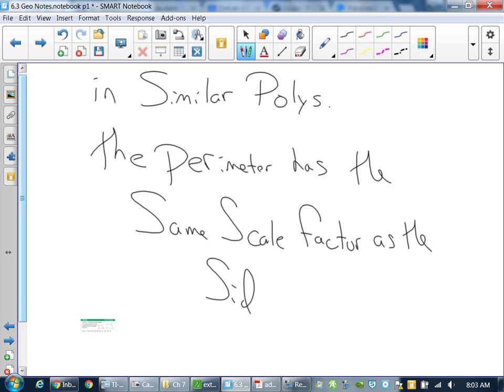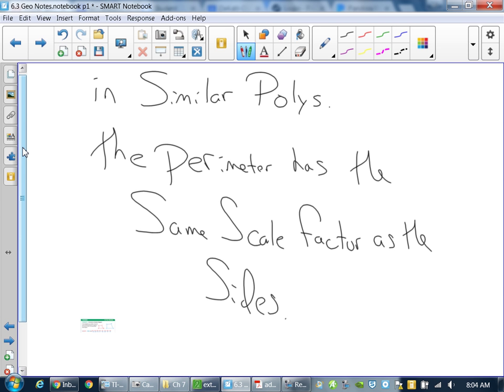And this is that last little bit of this really. In similar polygons, polygons is just too many letters to write. In similar polygons or similar figures, no matter what it is, whether it's a polygon, a triangle, whatever, in any similar figure, the perimeters between the 2 similar figures will have the exact same scale factor as the sides would have.